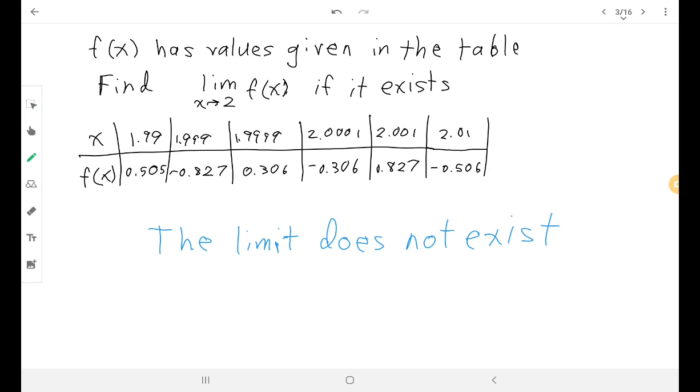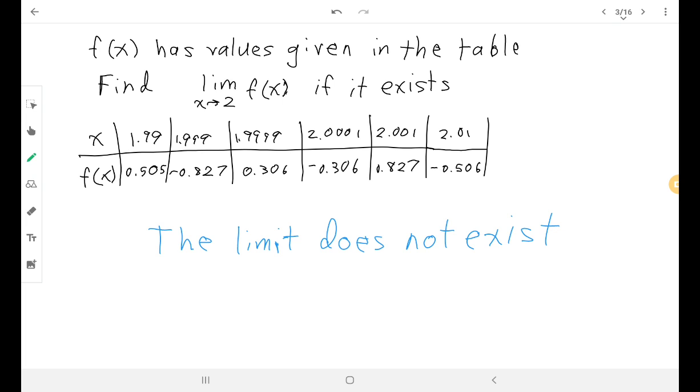Okay, so that's our conclusion to this one. And again, that might not be right. But that's what the table makes it look like.